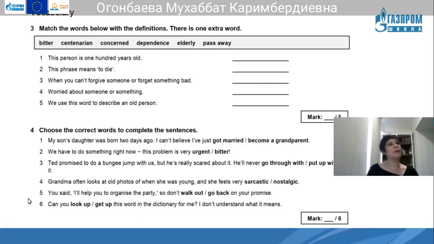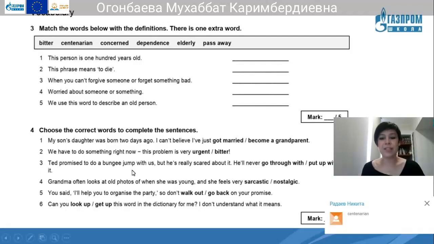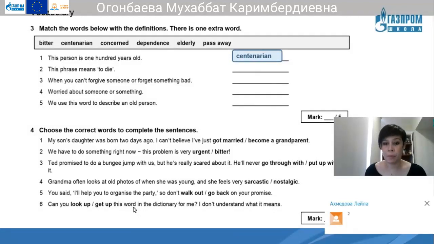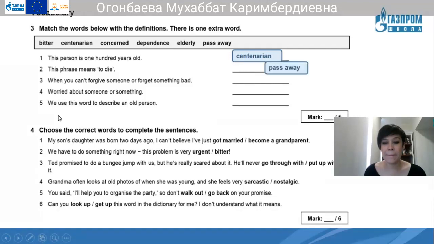If you remember the unit with the title of Generation Centenarian, this phrase means to die. To die. Suban, Nikita, Ubusara, pass away. When you can forgive someone or forget something bad.